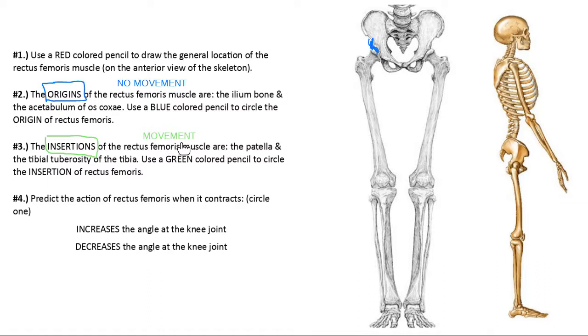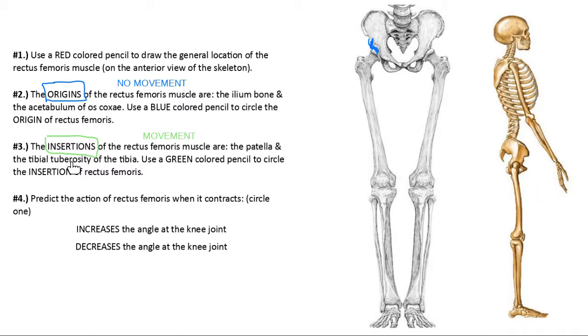My moving attachment sites, called the insertions, are the patella and the tibial tuberosity on the tibia. Now, we haven't really talked about bone markings on the tibia, but we have talked about this word tuberosity. We talked about that before the midterm. Do you happen to remember what kind of bone marking word a tuberosity is? Yeah, there we go.